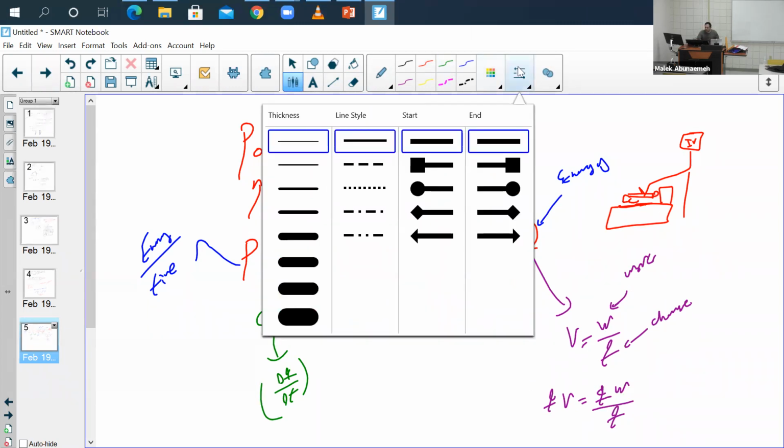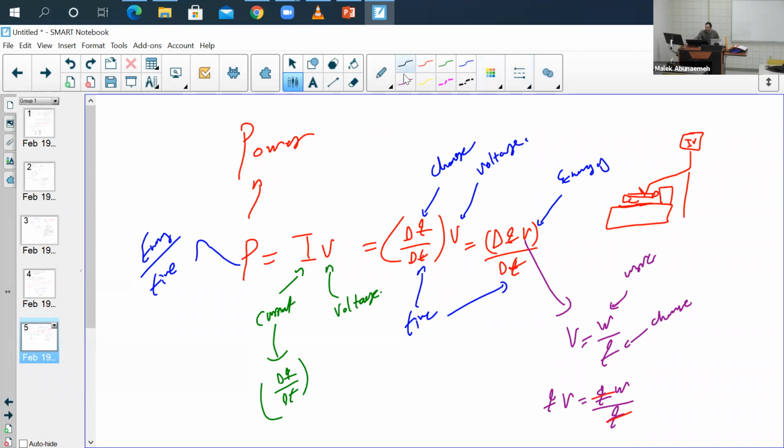Both charges cancel out, and what you have left is the work, which is your energy.